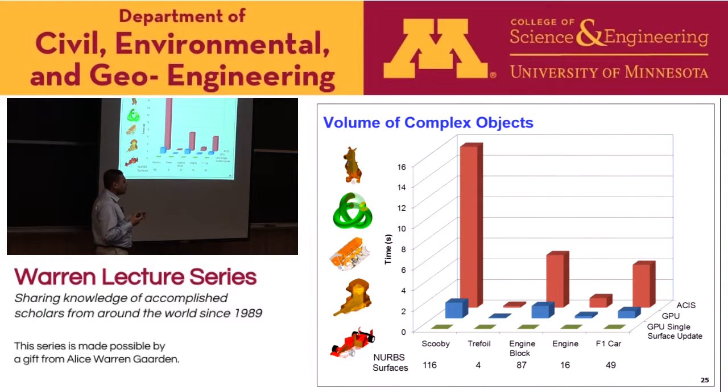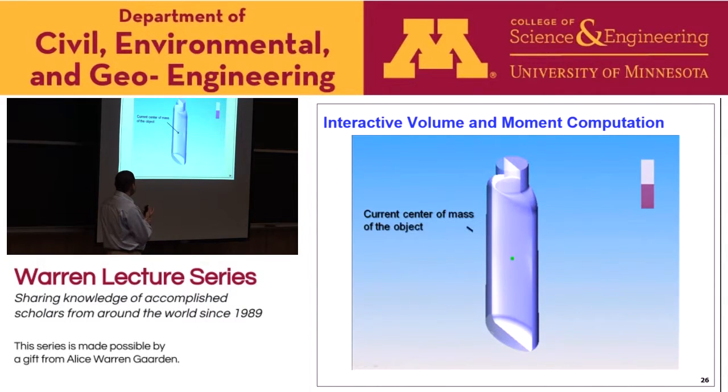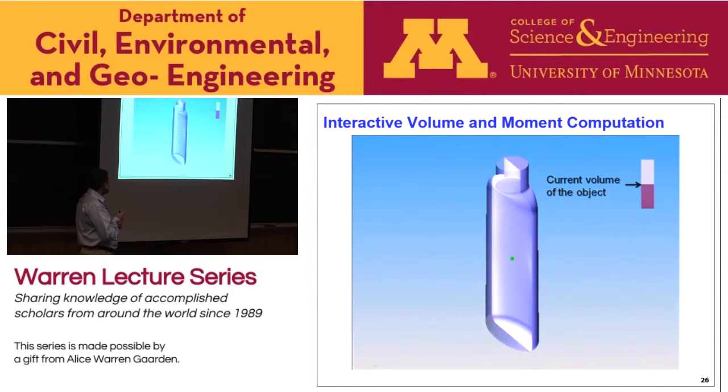The other thing to note is that we can also do interactive updates on the volume and center of mass, because a single surface takes a very small time to update. So what I mean by that is you can think of a complex object which is made up of multiple NURBS surfaces. This shows visually the center of mass and the volume on the right.